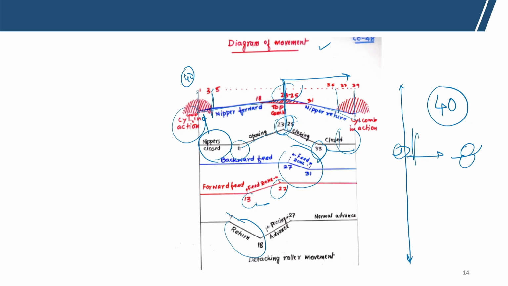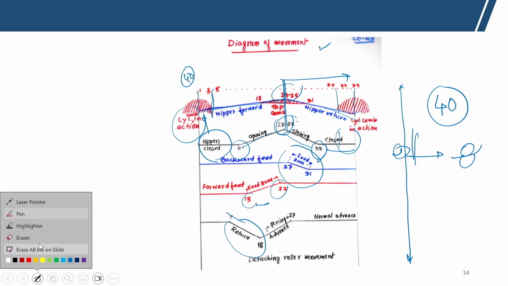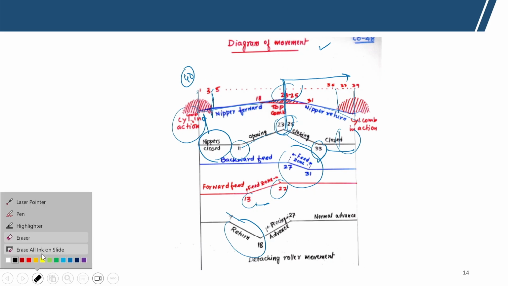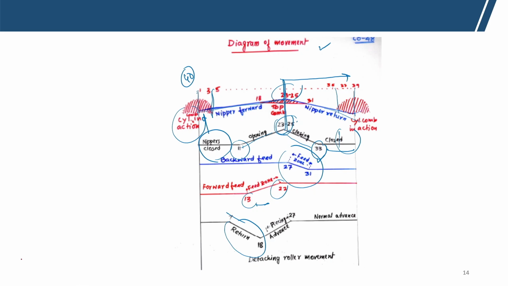So, the detaching roller feeds the material backward and the nippers are moving forward. So, the nippers move forward, the detaching roller returns, okay.